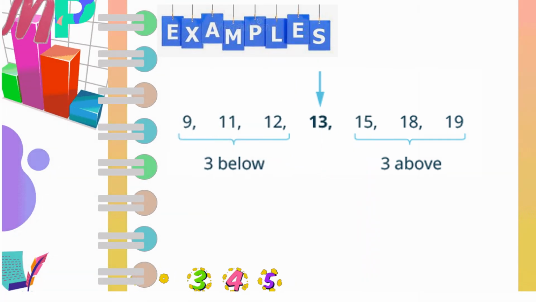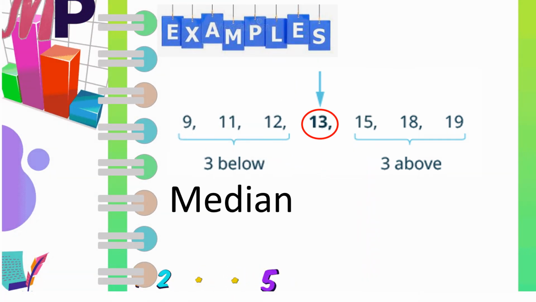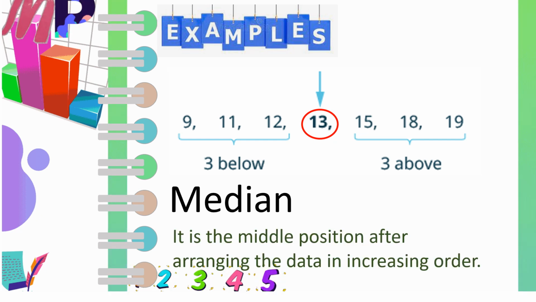And then 13 is what we call the median. There are 3 scores below 13 and 3 scores above 13. Median means it is the middle position after arranging the data in increasing order.